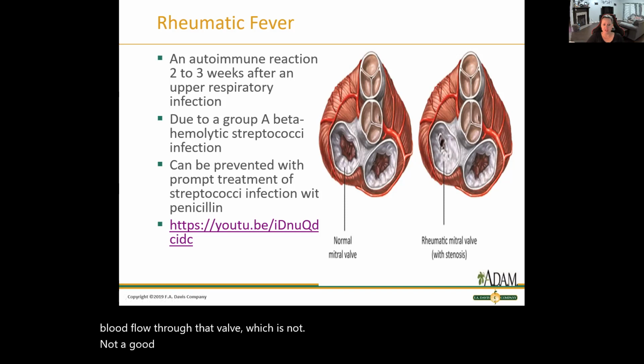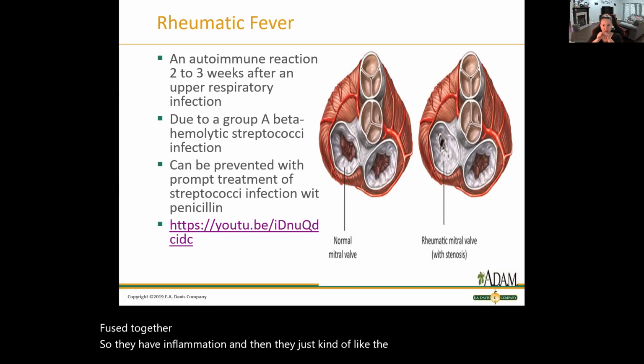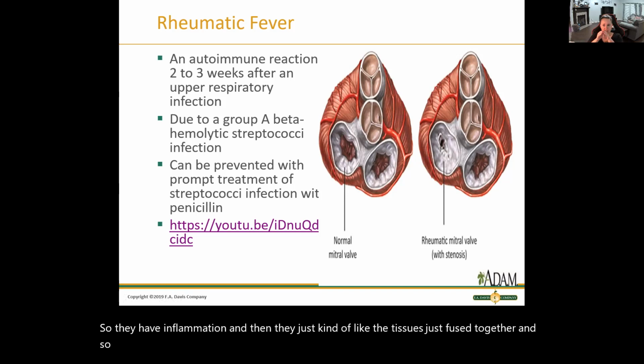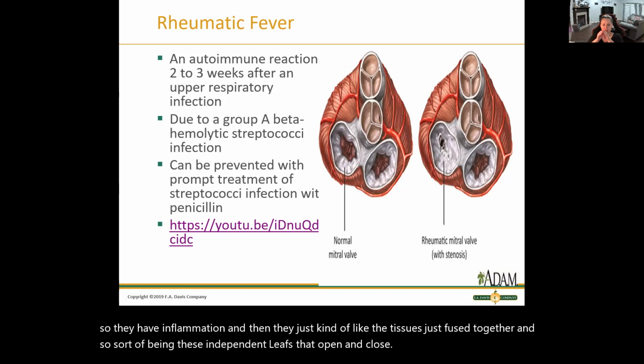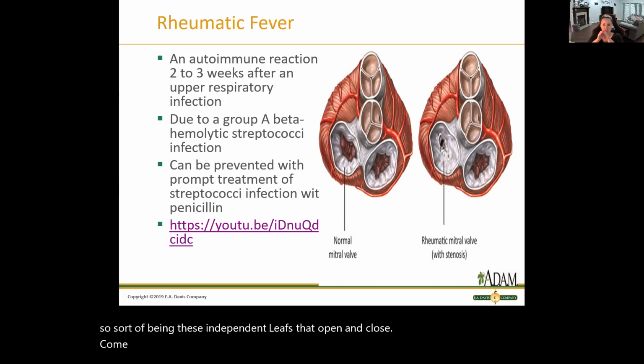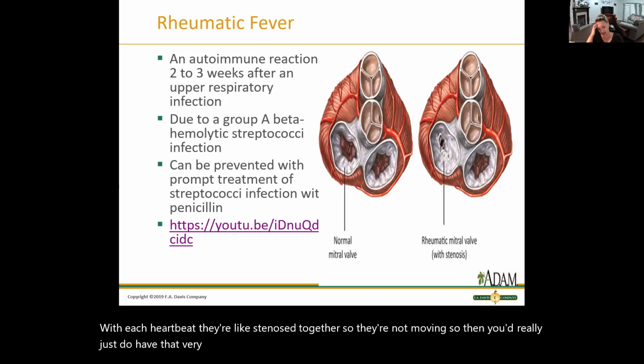So these leaflets can actually become fused together. They have inflammation, and then the tissues just fuse together. And so instead of being these independent leaves that open and close with each heartbeat, they're stenosed together. So they're not moving. So then you really just do have that very small, narrow opening through which your blood is flowing.